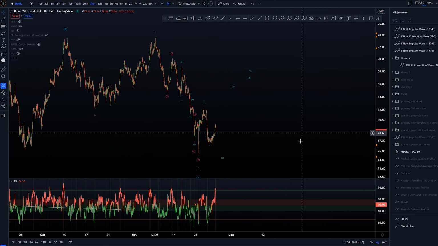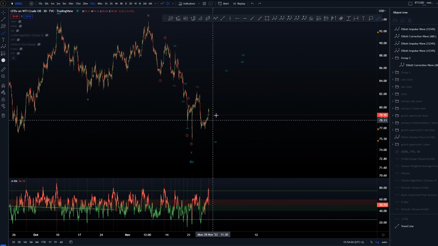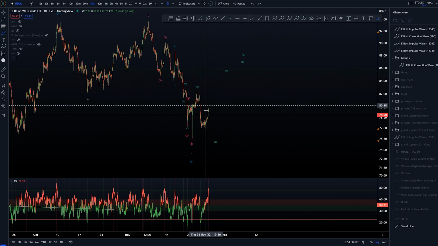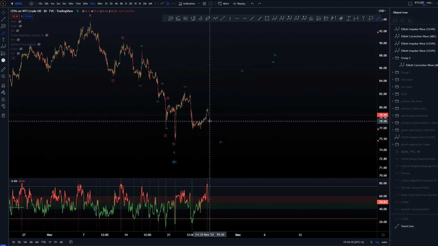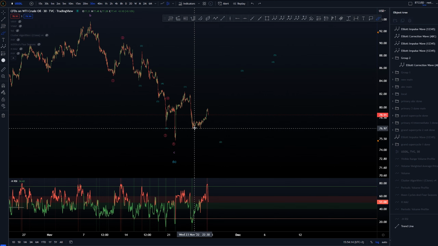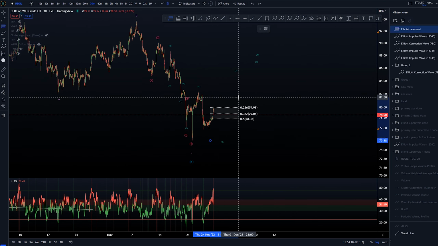I'm already on the long setup, and now I'm looking to get out of that long if we take out these lows here. But again, this here is not particularly good looking for a long. But we'll see, of course, how that turns out.